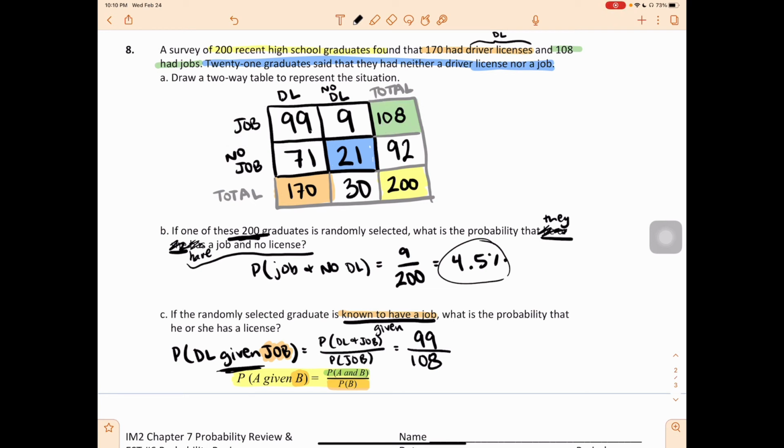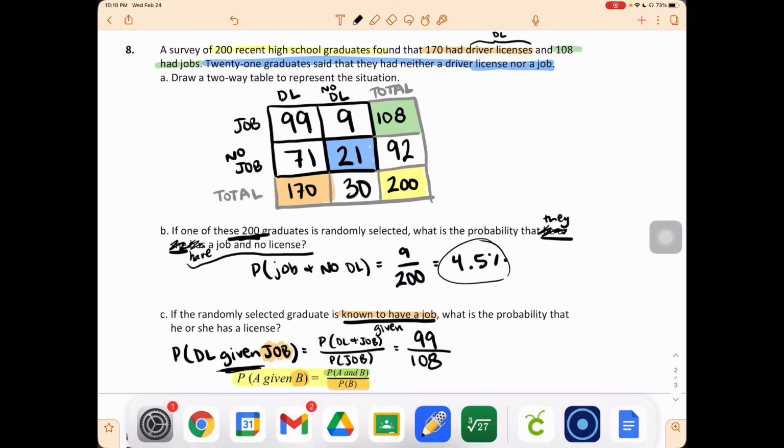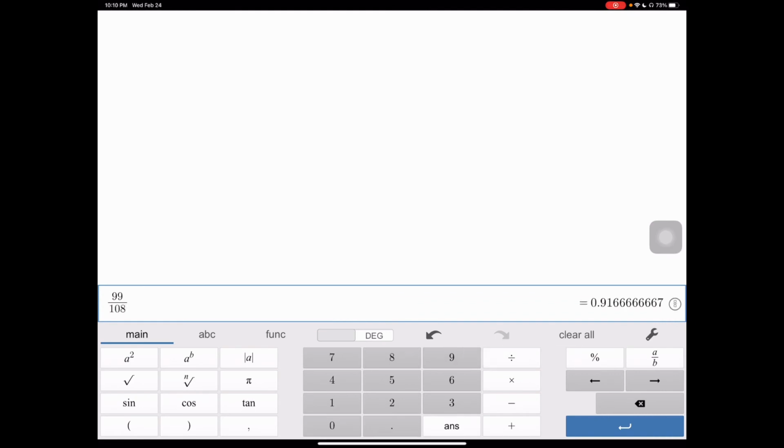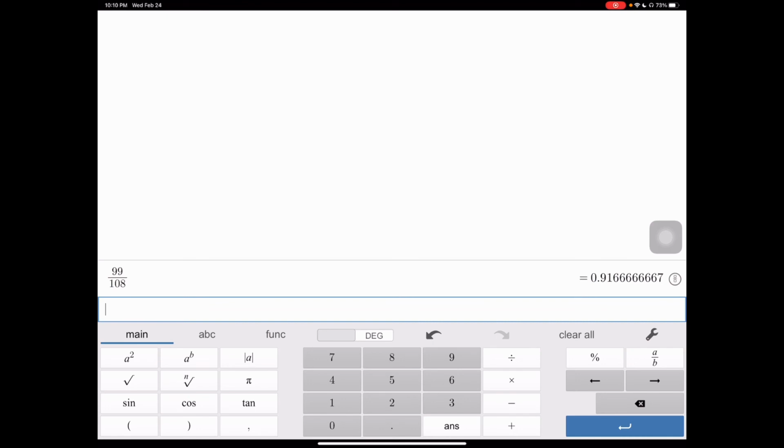So this is the probability that a student who's randomly selected has a license, given that we know they have a job. If we wanted to find that percentage, we do 99 out of 108. That is about 91, and then the 6 is repeating.